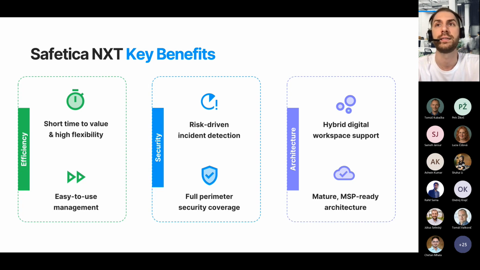Then it takes several hours or maybe even days to install endpoint clients and set it up, but it's super fast to implement. With high flexibility, we offer pay-as-you-go service usage, so the customer can decide if they want to pay based on monthly or annual billing. So that's literally a pay-as-you-go SaaS model, as you probably know from other SaaS applications.